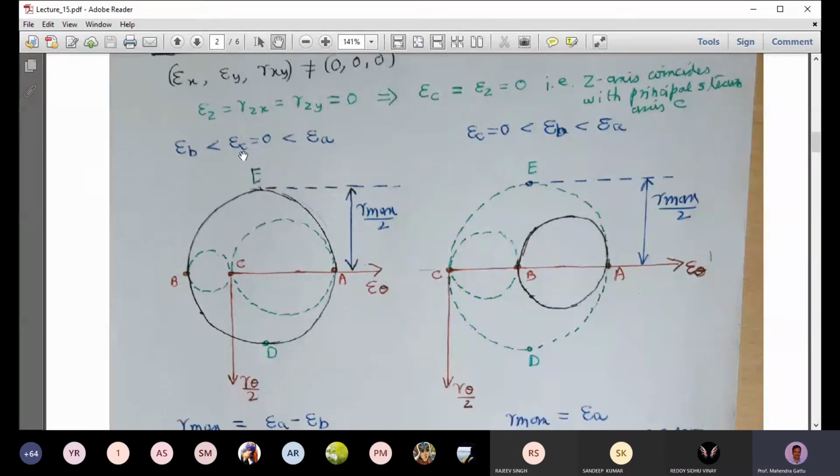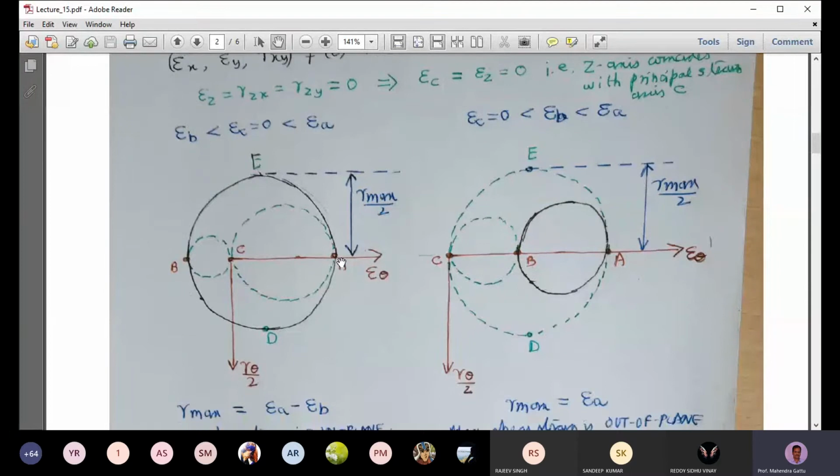So we can analyze each of these conditions separately. So for this condition, epsilon b is negative, epsilon a is positive, we can draw a Mohr circle. This Mohr circle is indicated by that black line. So for this Mohr circle, the maximum principal strain is epsilon a, which is lying on the positive epsilon axis, and the minimum principal strain is epsilon b, which is lying on the negative epsilon axis.